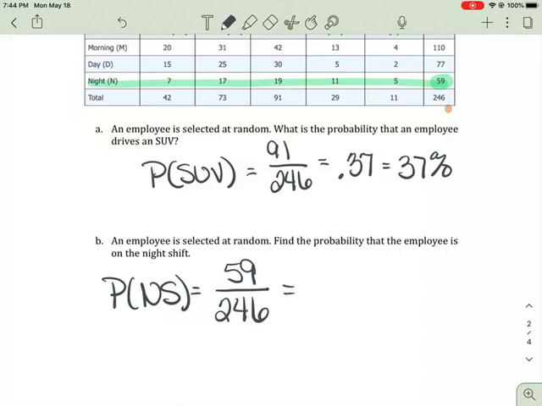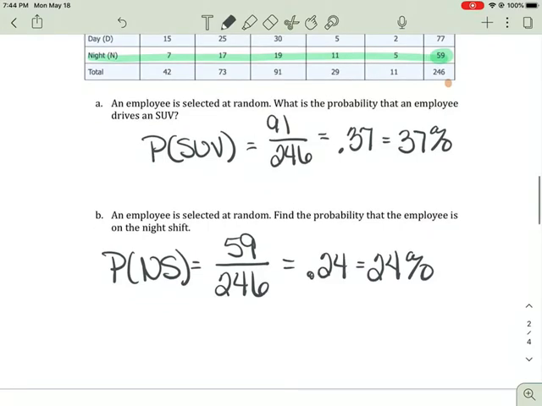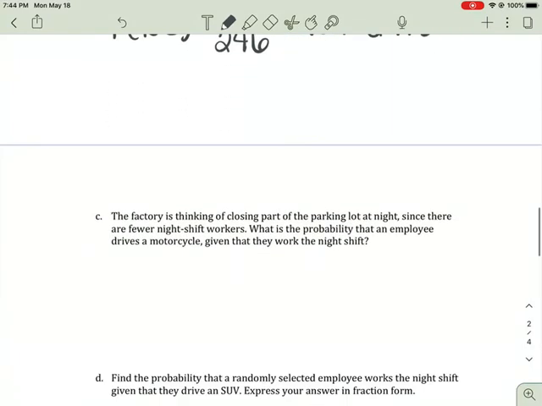So we get, let's make it 0.24 when I divide that, and that'll be about 24%. Okay, why would that be important? Because if we have most of the morning shift versus night shift, we might want to rearrange the parking spaces. We might also want to consider safety, so they might want to put the night shift closer.